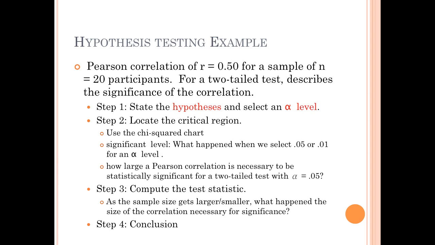So as you make alpha more stringent, or smaller, right, going from 0.05 to 0.01, your critical region in the tails is going to get smaller. As you make it less stringent, your critical regions get bigger.